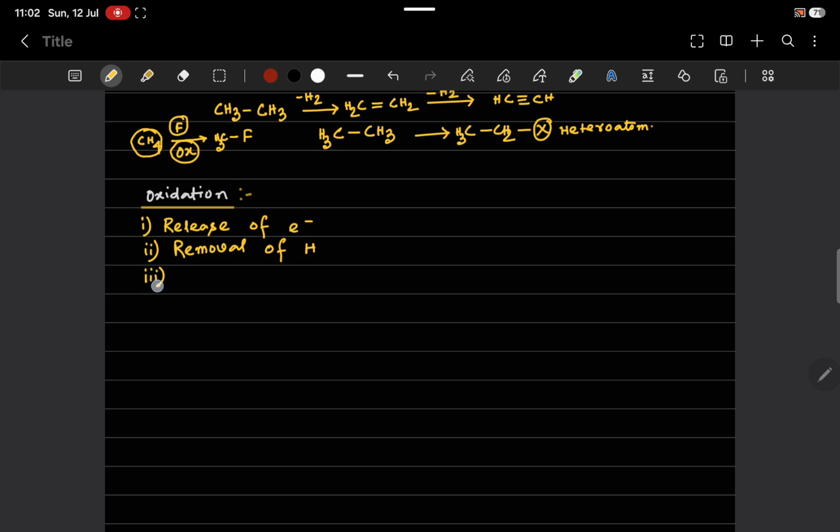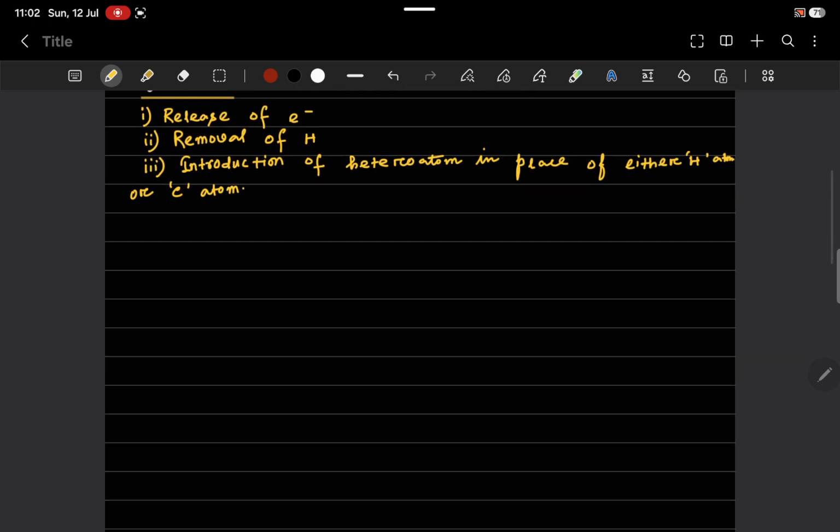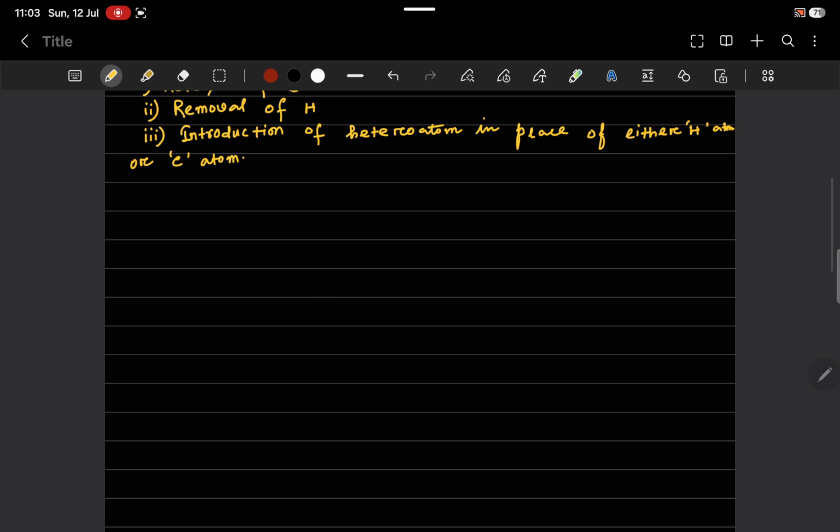Third point is introduction of a heteroatom in place of either an H atom or a C atom. Then we can consider it as oxidation.